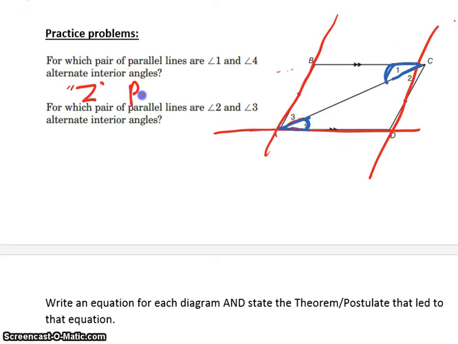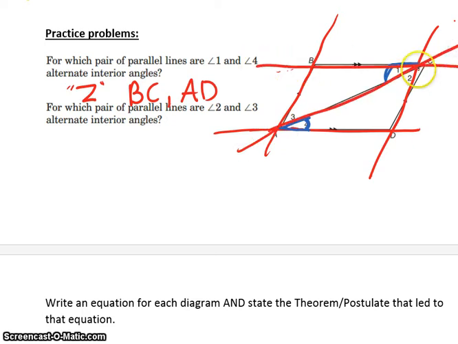Okay, so line BC and AD, let me re-extend those since I accidentally erased them. Okay, go back to my blue pen. Alright, so then there's my Z. So these two lines are parallel, and this line cutting through the middle diagonally is our transversal.